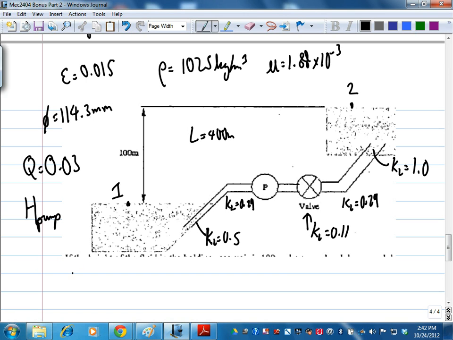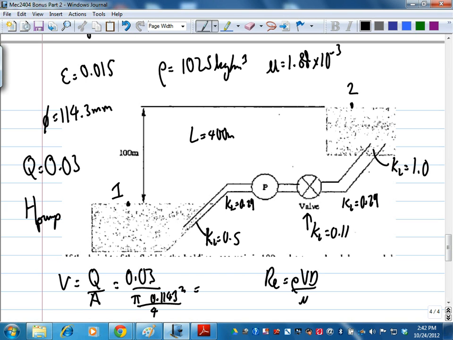So velocity in the pipe is Q over A, which is 0.03 over area, pi times 0.1143 squared over 4. That's your first step. After that, you work out your Reynolds number, rho VD over mu, and your relative roughness, which is 0.015 over 114.3.